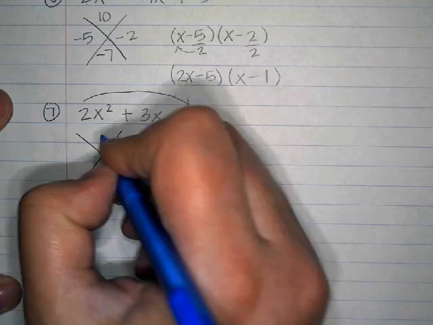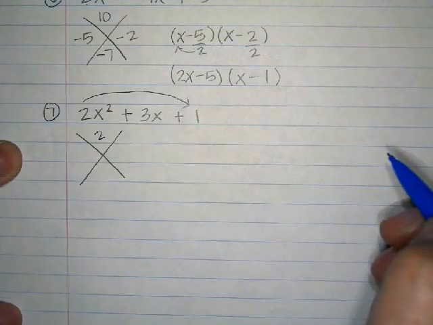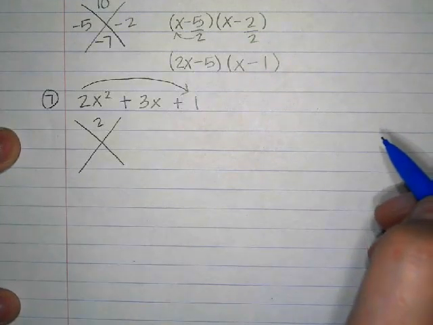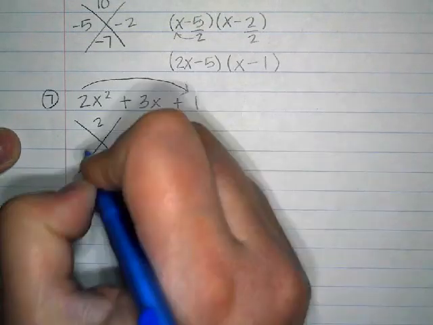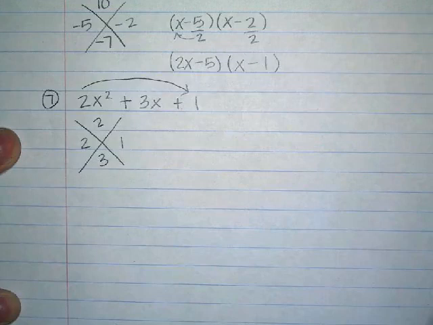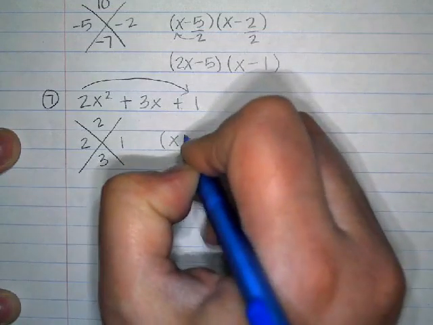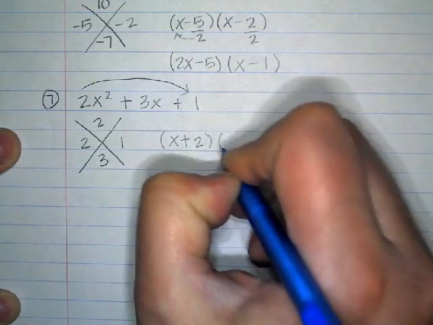We're multiplying to 2 and adding to 3. 2 and 1, okay. So we've got x plus 2 and x plus 1, but we're not done yet.